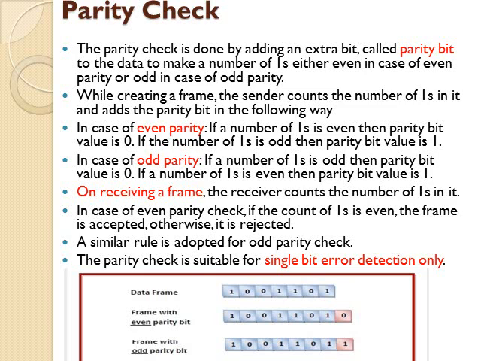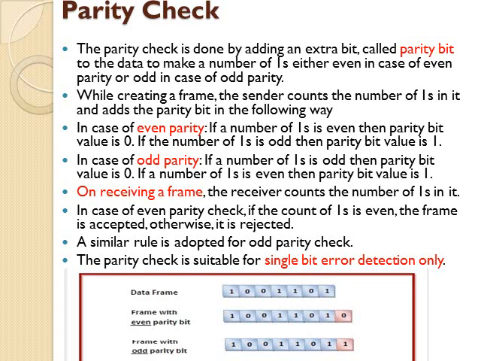In case of even parity, if the number of ones is even, then the parity value is 0. If the number of ones is odd, then the parity bit value is 1. In case of odd parity, if the number of ones is odd, then the parity bit value is 0, and if the number of ones is even, then the parity bit value is 1.